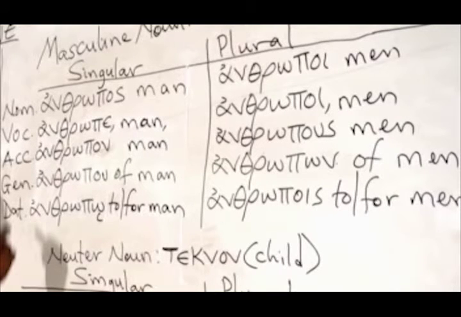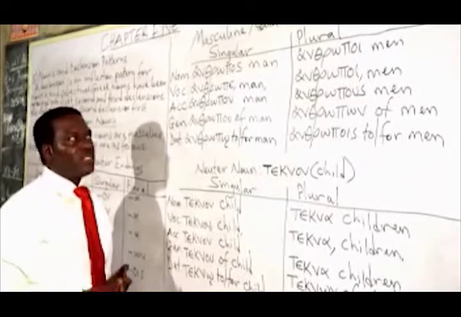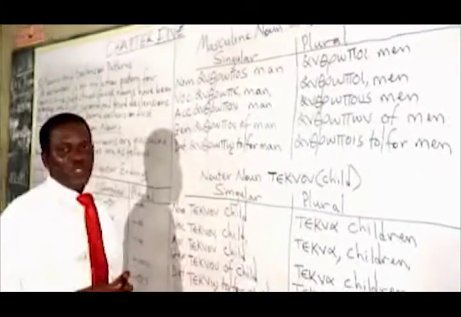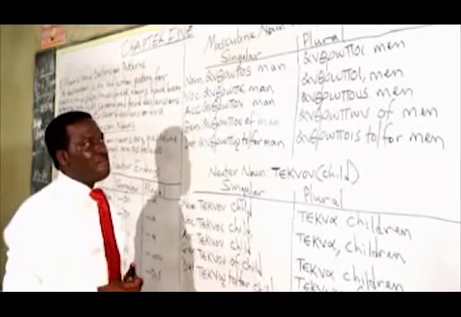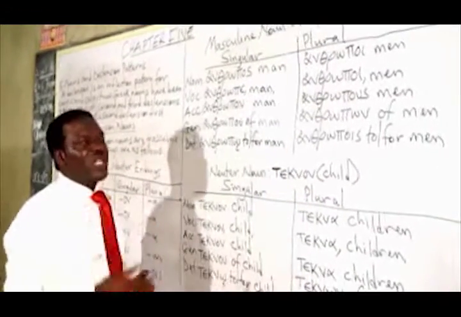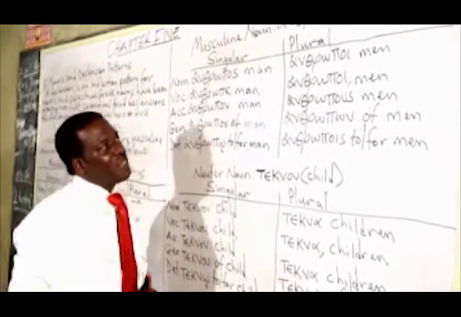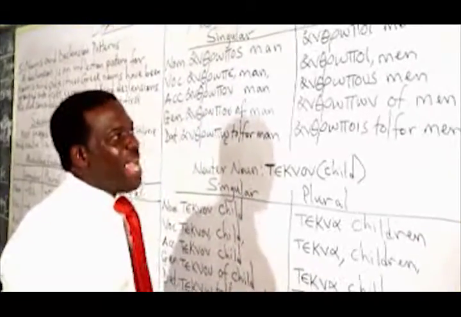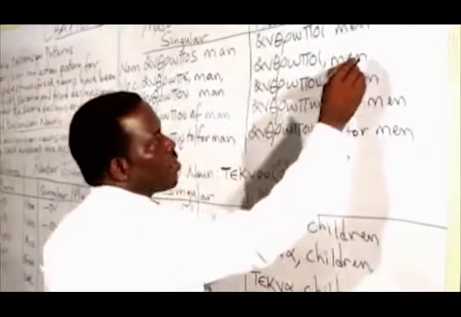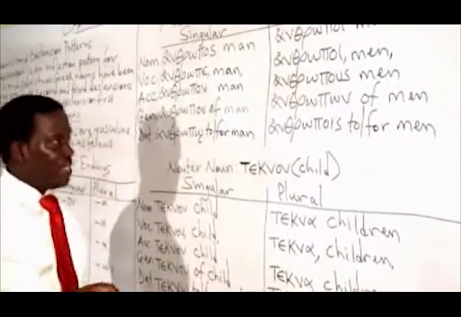It means men, in the nominative, which is subject. In the vocative, which is personal address, it is anthrope. A comma is put after it to show that it's personal address: Man! In the plural, it is anthropoi. Men! The comma could be there.